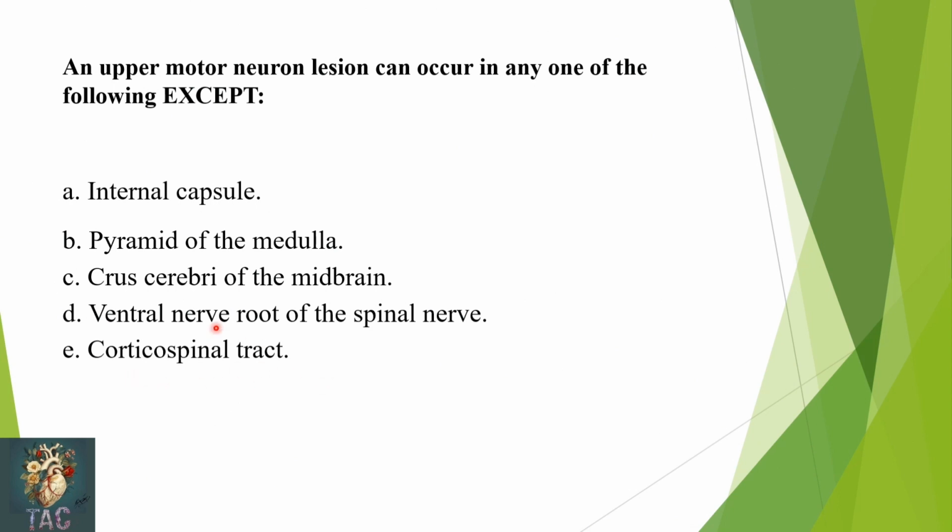In the case of the ventral motor nerve root of the spinal nerve, we know that the pyramidal system and the upper motor neuron rely on the anterior horn of the spinal cord, and then lower motor neurons start. So in case of the ventral nerve root, it is the lower motor neurons which are affected and not the upper motor neuron, and this is the correct option.